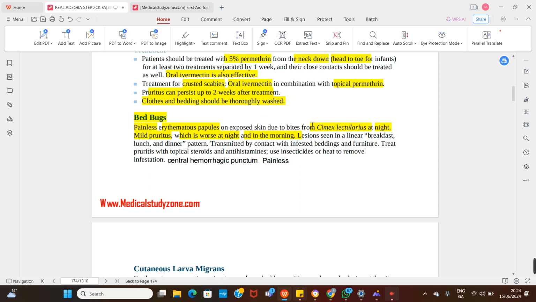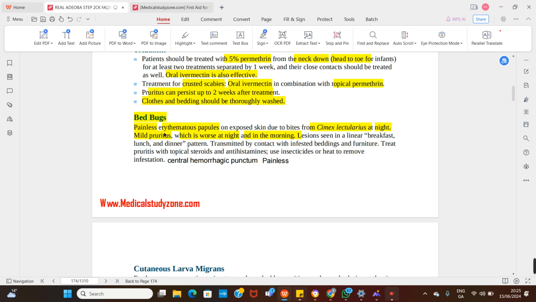But what are we going to see? Most importantly, we are going to see a linear rash, which is painless, and they have a central hemorrhagic punctum. Very, very important. So what you are looking for in the question stem is this central hemorrhagic punctum. Why?